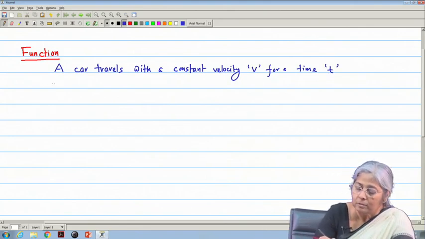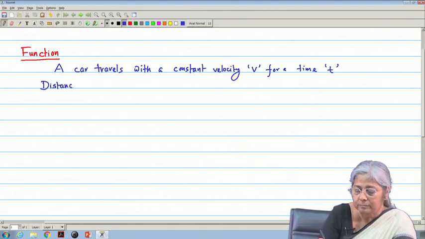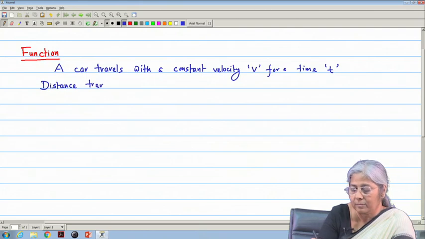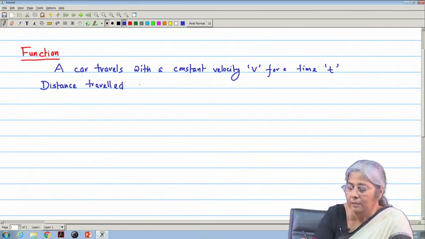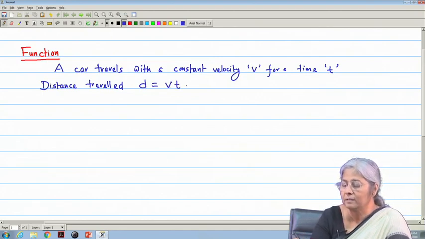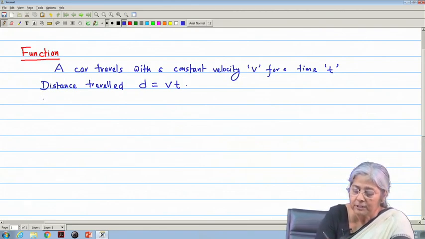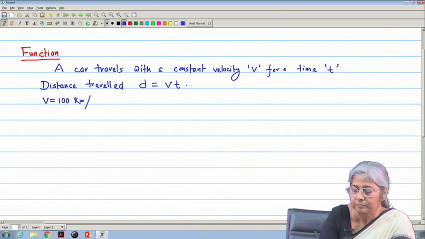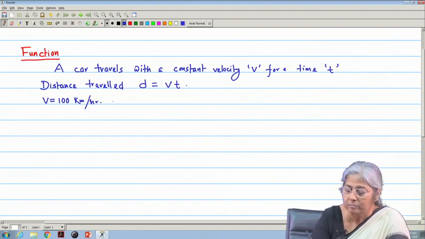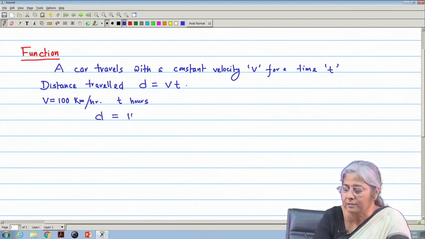So, we know the distance travelled by the car, say d equal to v t, since it is a constant velocity. Now, let v be 100 kilometers per hour and the car travels for t hours. Simply we know the distance d equal to 100 t.